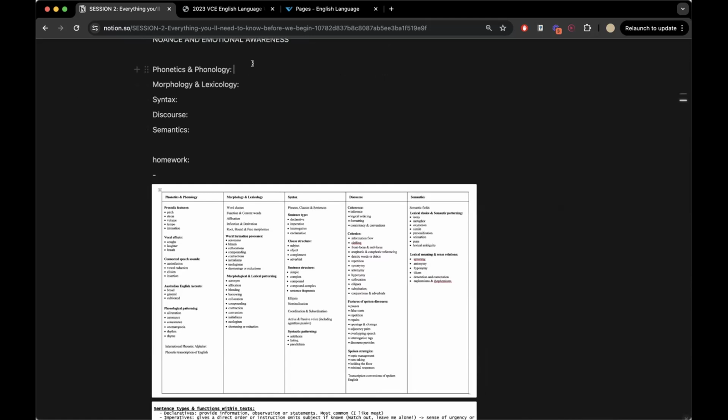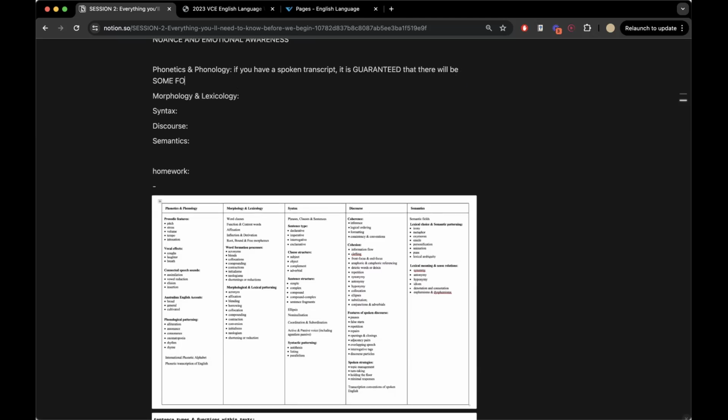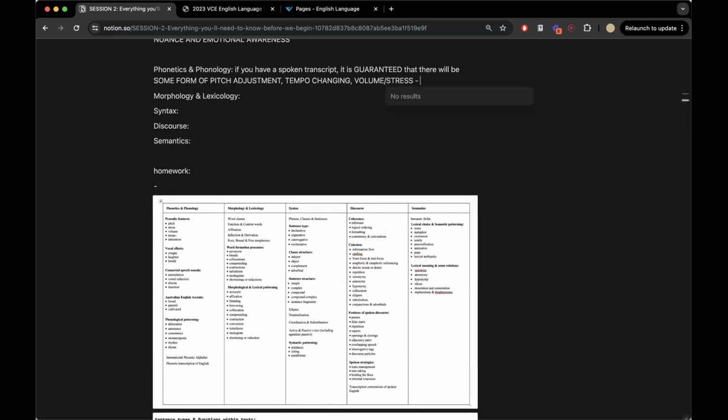So phonetics and phonology mainly used, right? Think of it like this. If you have a spoken transcript, it is guaranteed that there will be some form of pitch adjustment, some form of tempo changing, volume slash stress, right?